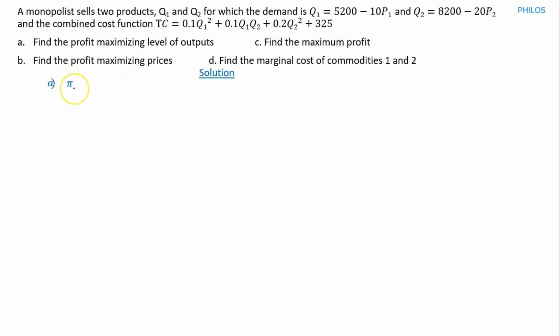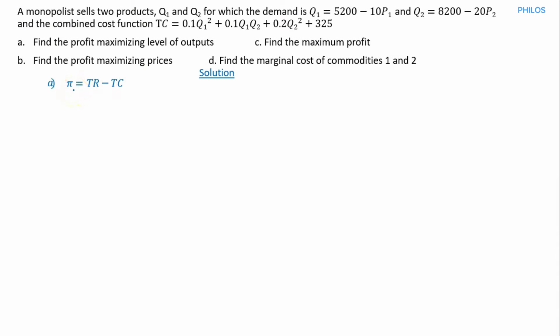So pi, which is the symbol, is equal to, profit should be equal to total revenue minus total cost. Okay, that's profit. So since profit is equal to total revenue minus total cost, then we will substitute the total revenue function here and substitute the total cost function so that we can get the profit function.